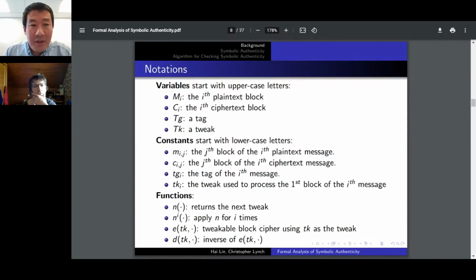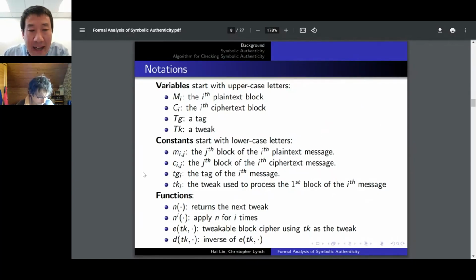So let me introduce the notation. We have variables, constants, and functions. We use the convention that variables start with uppercase letters. So M denotes plaintext blocks, and C denotes ciphertext blocks. TG denotes a tag, and TK denotes a tweak. We have some constants. So M_ij denotes the jth block of the ith plaintext message, and C_ij denotes the jth block of the ith ciphertext message.